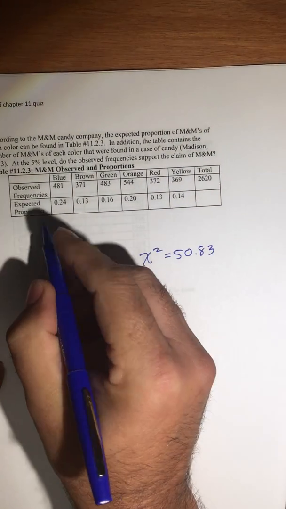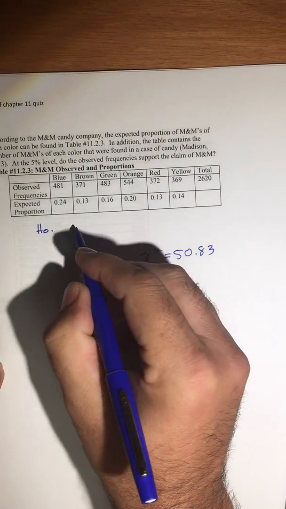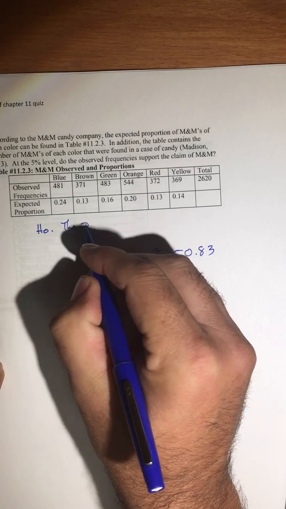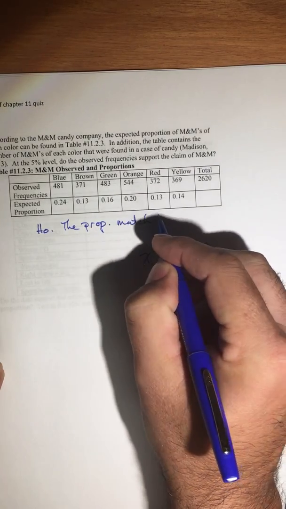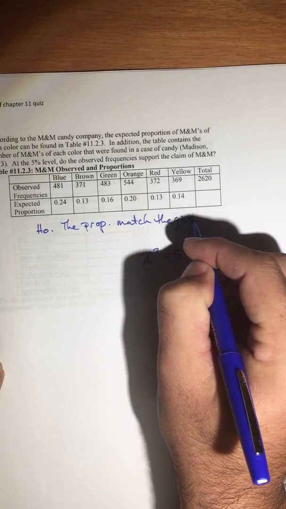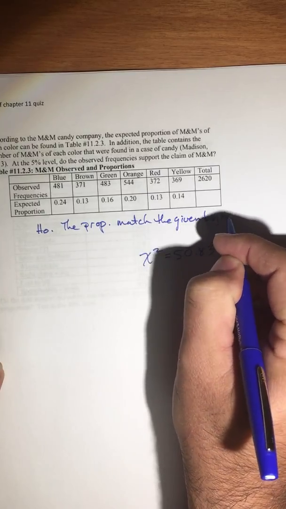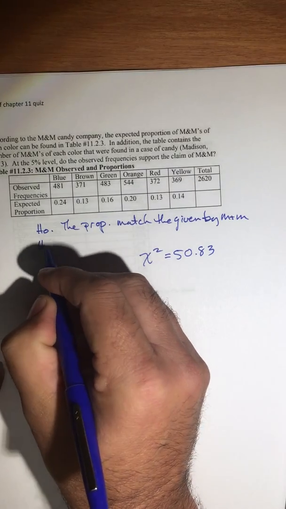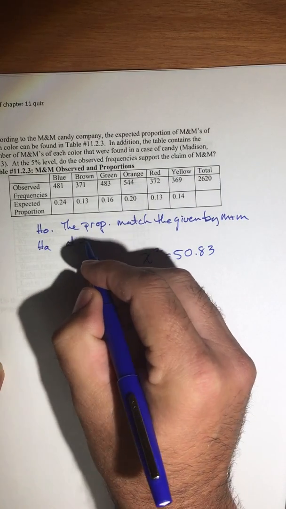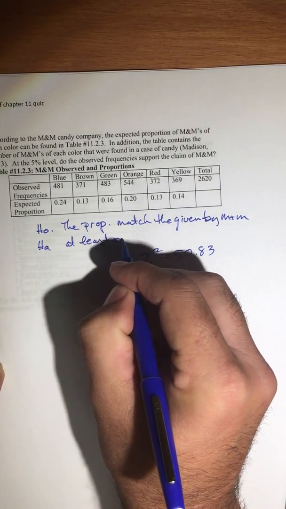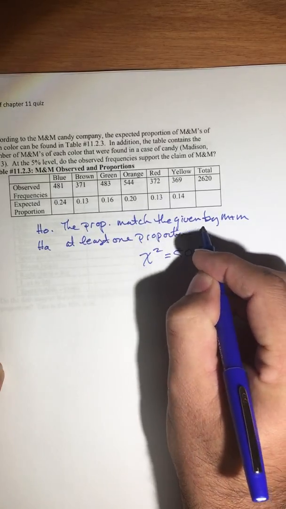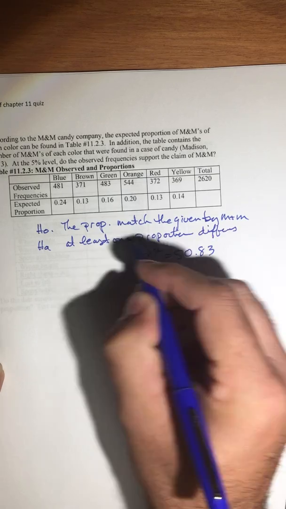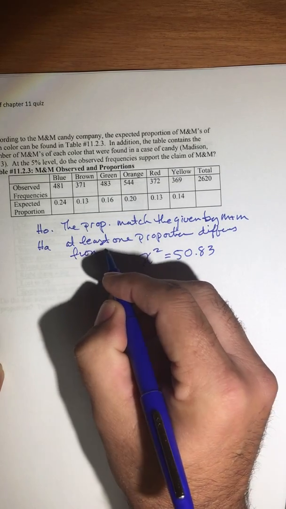And I didn't write my null, so let's do all that. So our null is that the proportions match the given by M&M. The alternative would be at least one proportion differs from the given.